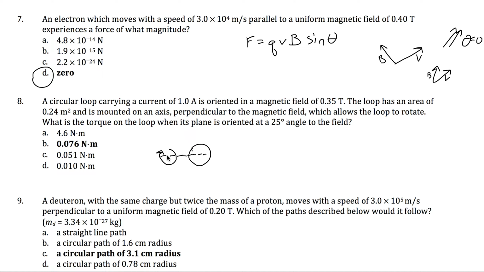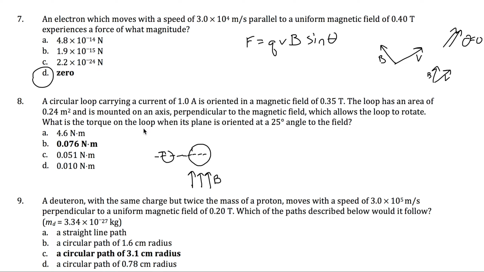It's making a little loop here around this axis. The reason I drew it like this is because I drew the magnetic field going up. So if the magnetic field is going up, then the axis is perpendicular to the field, and that's how I know that's how it's going to rotate.